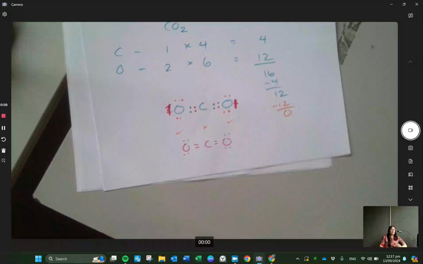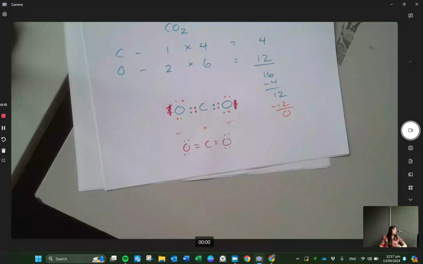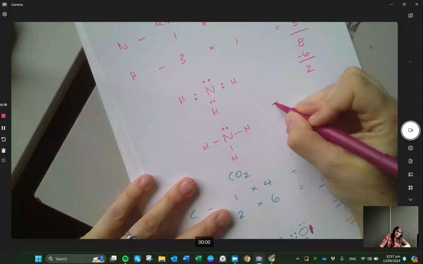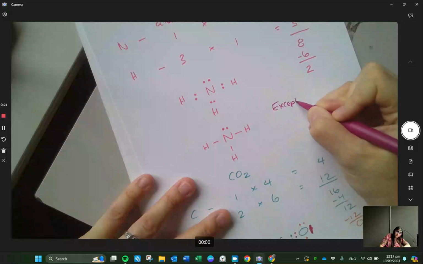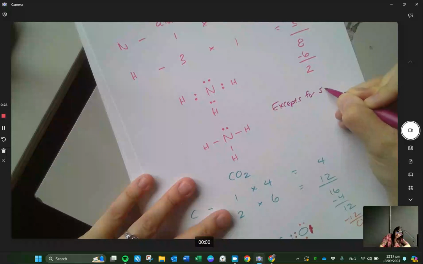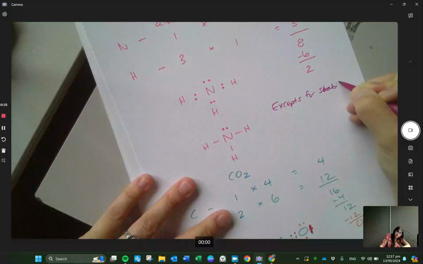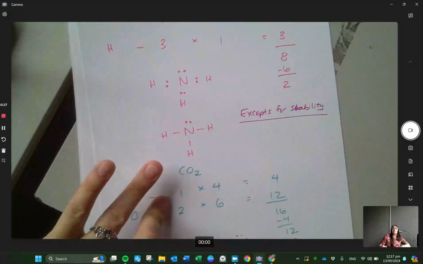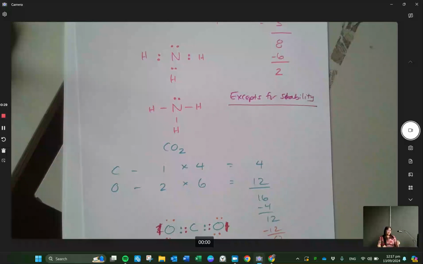So that's how I know when double bonds are occurring. Something to keep in mind is that there are a few exceptions to the rules when it comes to what they need for stability. Basically, the rule that we're looking for is 8.